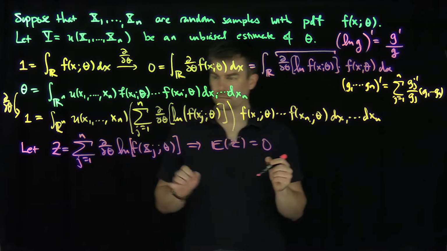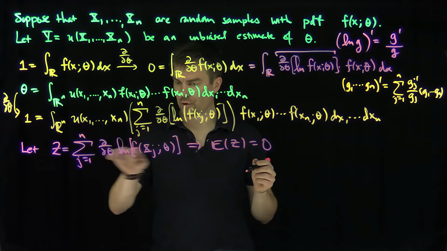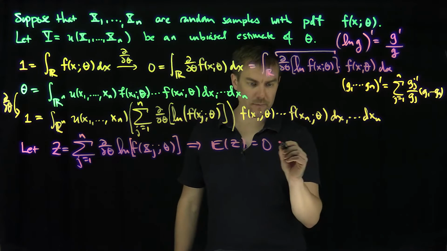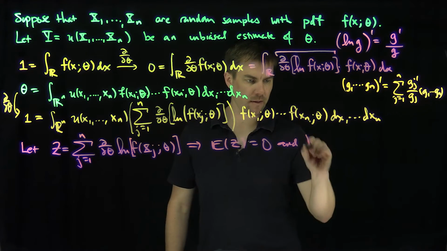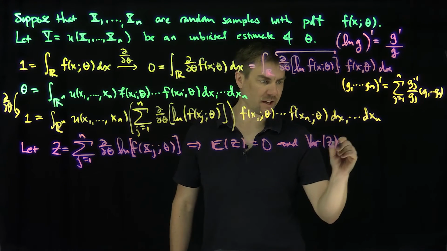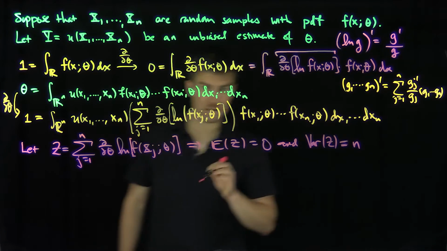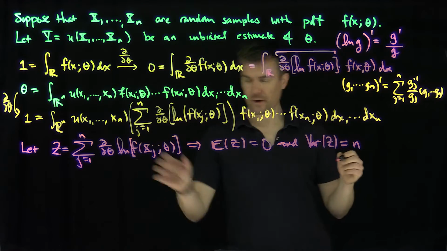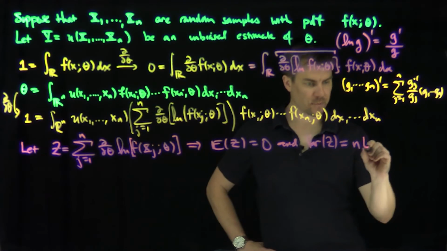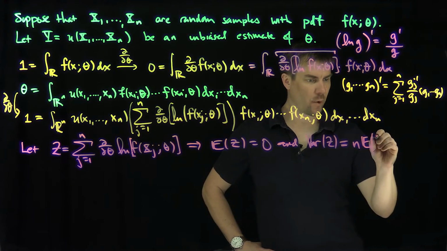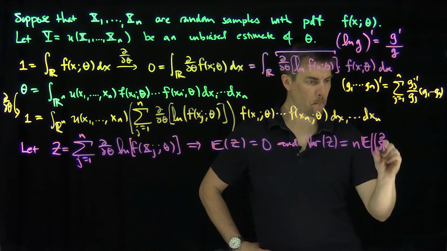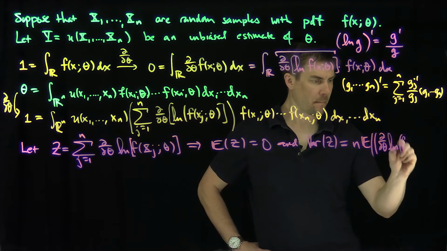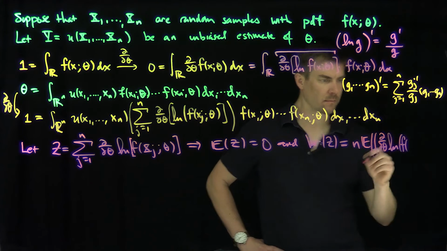And all these things are independent draws, right? So the variance of z is just going to be n times the expected value of this thing over here squared, the expected value of the square.